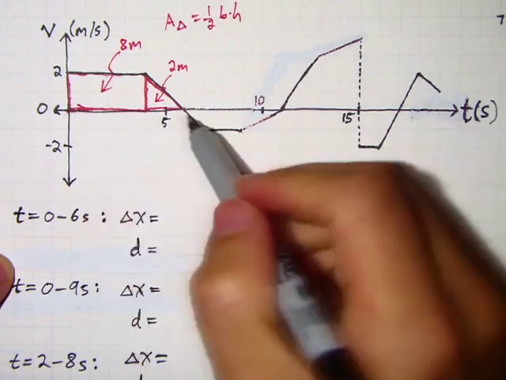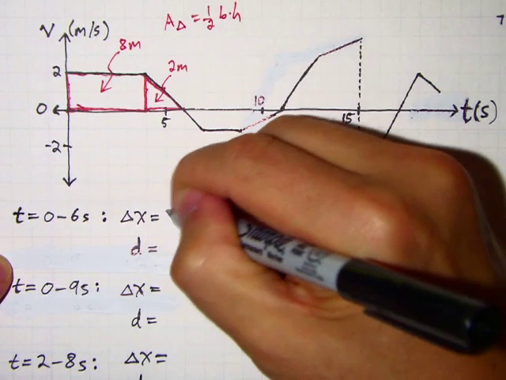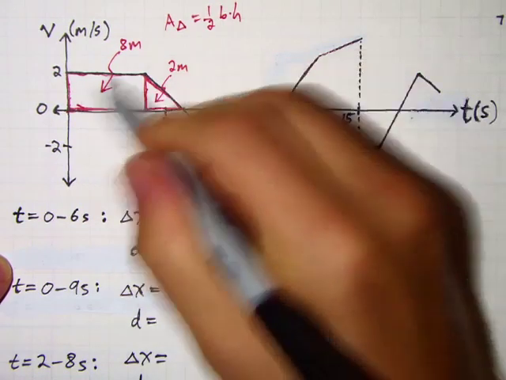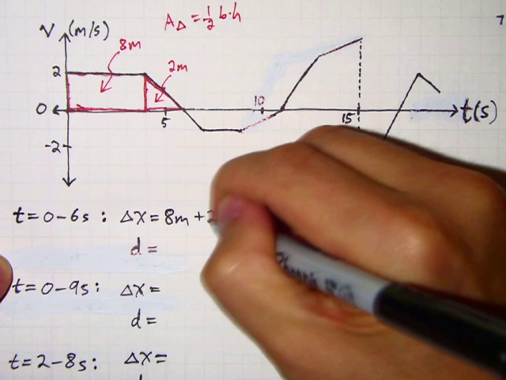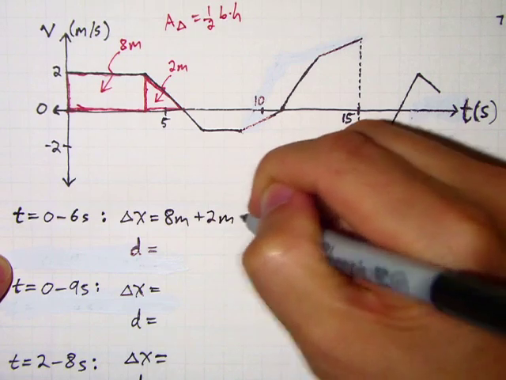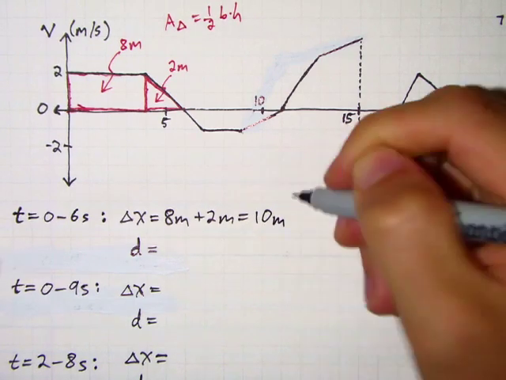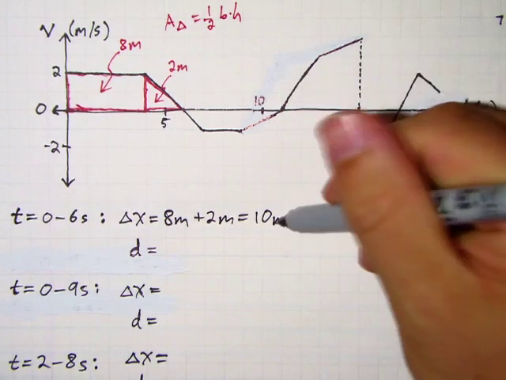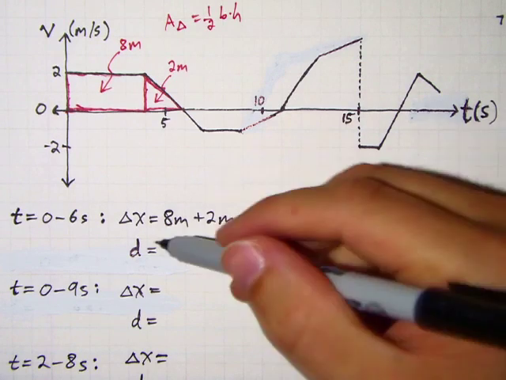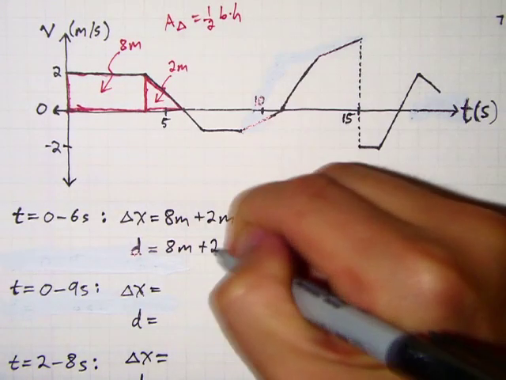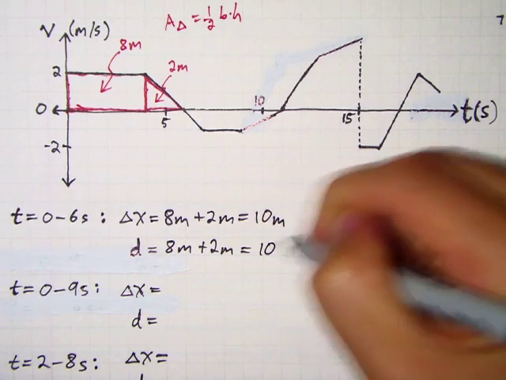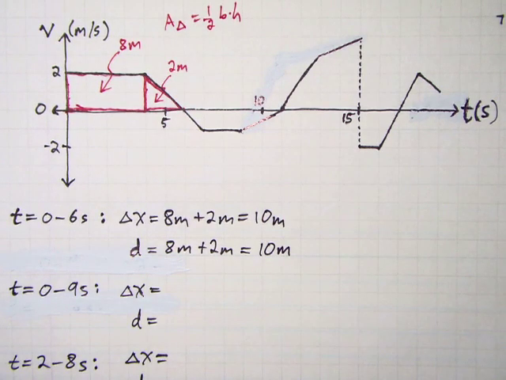So from 0 to 6 seconds, the displacement is these 8 meters plus these 2 meters. The object changed position by 10 meters in the positive direction. Its distance traveled is also 8 meters plus 2 meters. It was moving in the positive direction that whole time, so it moved a distance of 10 meters.